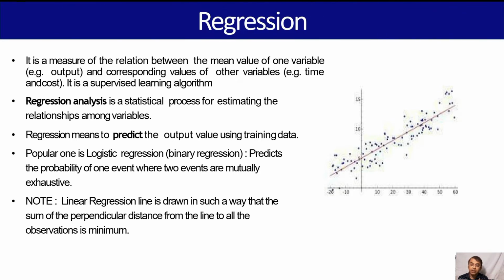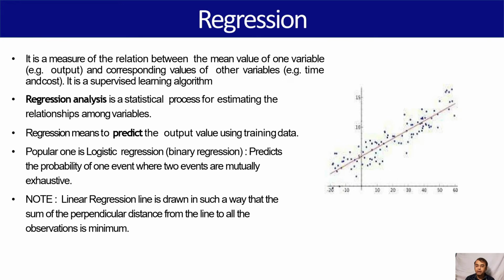Regression analysis is a statistical process for estimating the relationship among variables. Regression means to predict the output value using training data. A popular one is logistic regression, sometimes called binary regression, which predicts the probability of one event where two events are mutually exclusive.